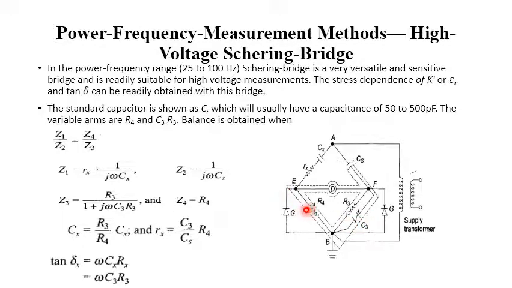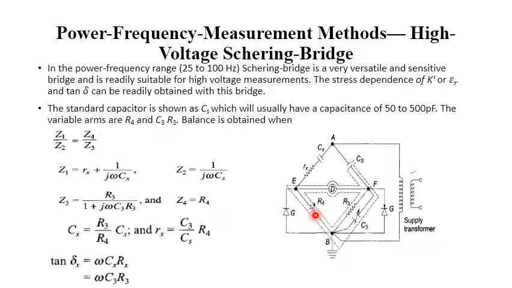R4 will be in the form of a decade box with 5 to 6 decade dials. The maximum value of R4 is limited to around 10 to the power of 4 ohm, and the lowest value allowed is around 0.01 ohm. This range adequately takes care of the errors due to contact resistance as well as the stray capacitance across R4, which is usually very small.